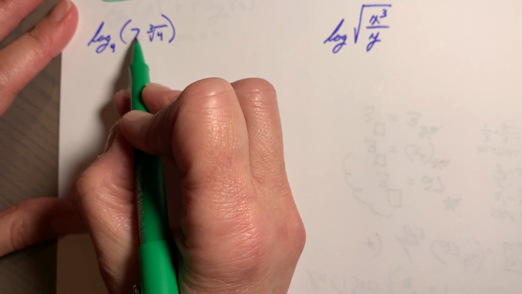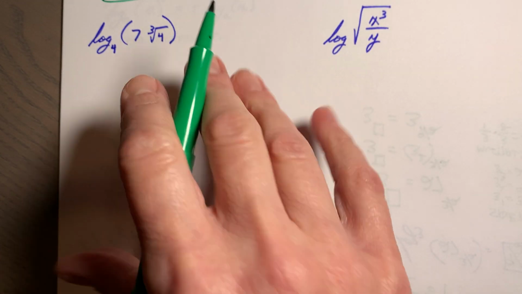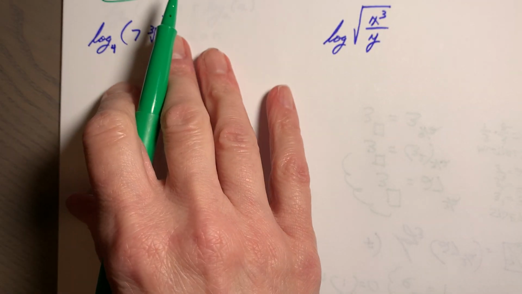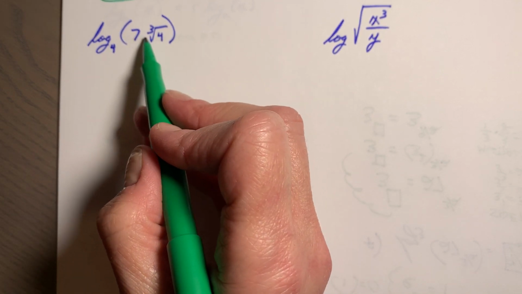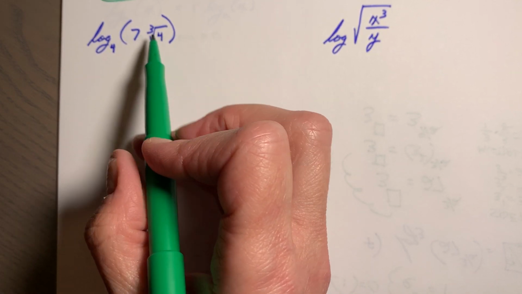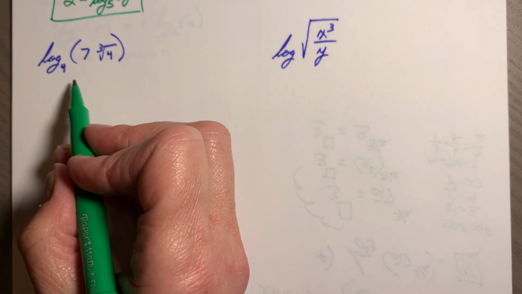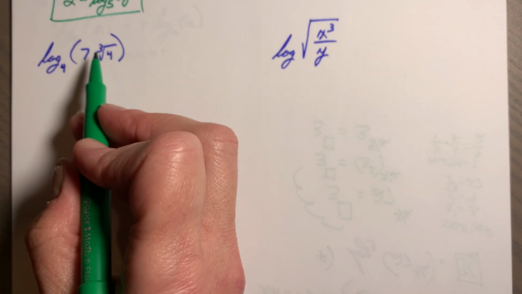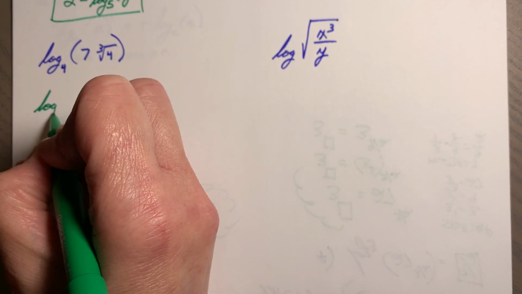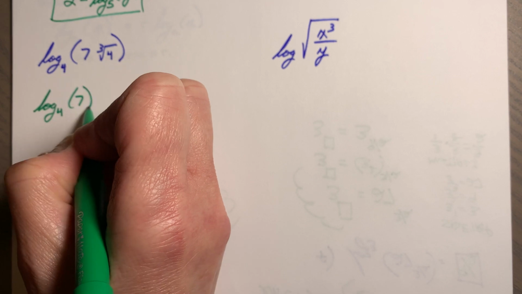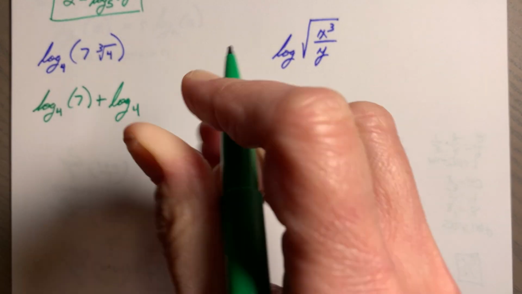Now this is a product, right? This is a product. If we have no plus or minus between, then it's implied that we have multiplication here. So let's think about our product property first. This is going to give us log base 4 of 7 plus log base 4.